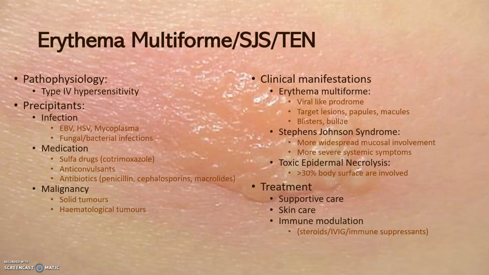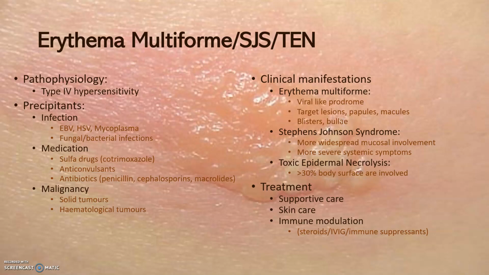With Stevens-Johnson syndrome, the condition is much more widespread and involves to a much greater extent the mucous membranes, but involves less than 10% of the body surface area, whereas with toxic epidermal necrolysis, more than 30% of the body surface area is involved. Treatment is generally supportive.